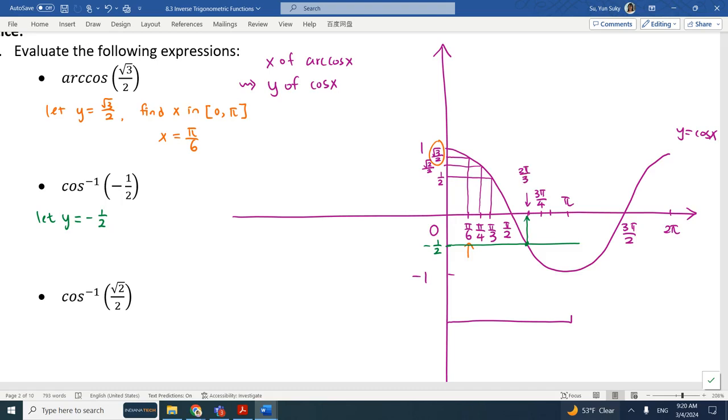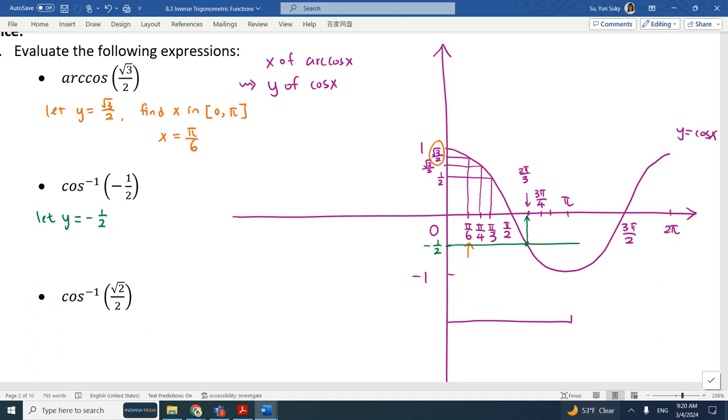Or you can imagine the reference angle. The reference angle, you look at the y value. The y value is negative 1/2, and the absolute value of that is 1/2. So then the reference angle is pi over 3.